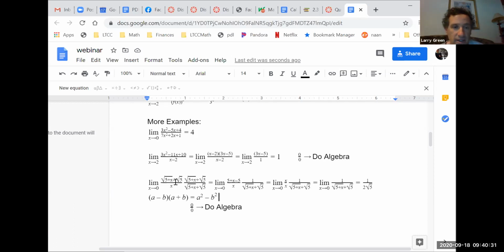Nothing else will work. You're allowed to multiply by something over itself because that's multiplied by 1. That's always legal in math, is to multiply by 1. So I just multiplied by a nice, maybe messy looking representation of 1 so that I end up with the a minus b times a plus b. Does that make some sense? Yeah, that makes sense now.